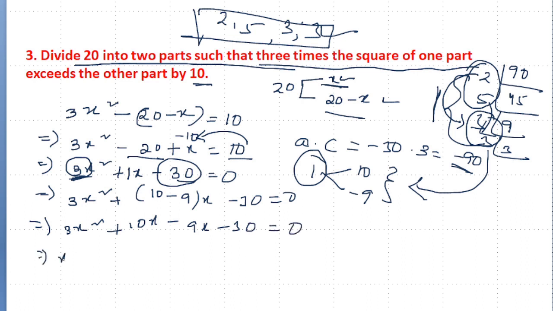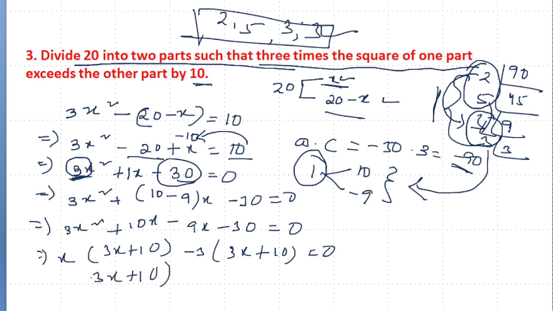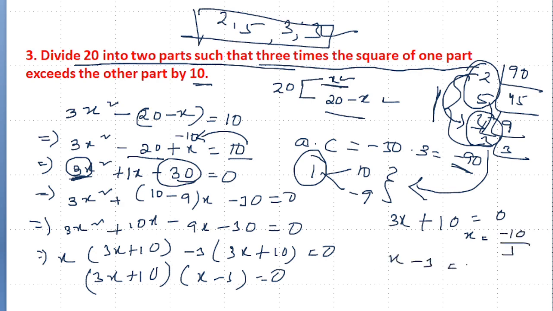What is common here? x into 3x plus 10, minus 3 into 3x plus 10. So the 2 factors are 3x plus 10 and x minus 3 equals to 0. That means 3x plus 10 equals to 0, where x equals to minus 10 by 3, and x minus 3 equals to 0, where x equals to 3.